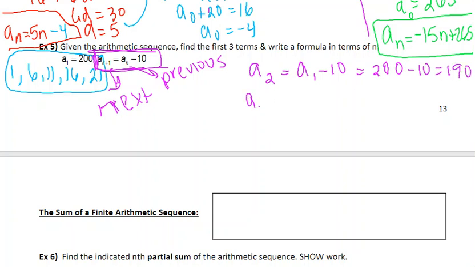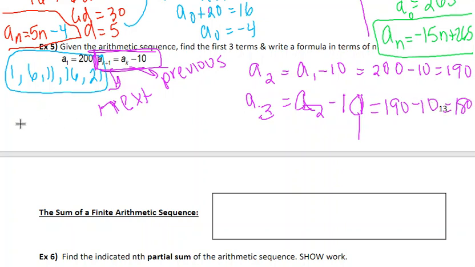To find the third term, I'm going to take the previous term, which is a sub 2, and subtract 10. And so then I would end up getting 190 minus 10, which is 180. So your first three terms of the sequence would be 200, 190, 180.